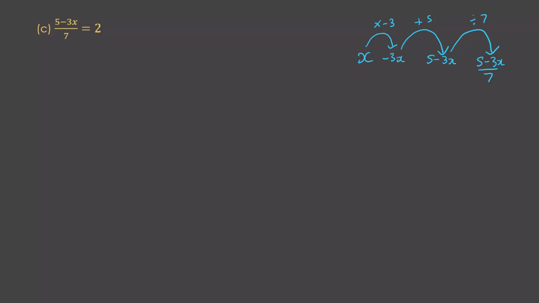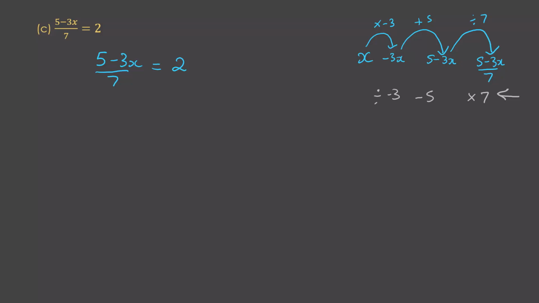So my reverse steps are multiply by 7, take away 5, divide by negative 3. And we go in this direction, so times 7 is done first. So we've got (5 minus 3x) over 7 equals 2.